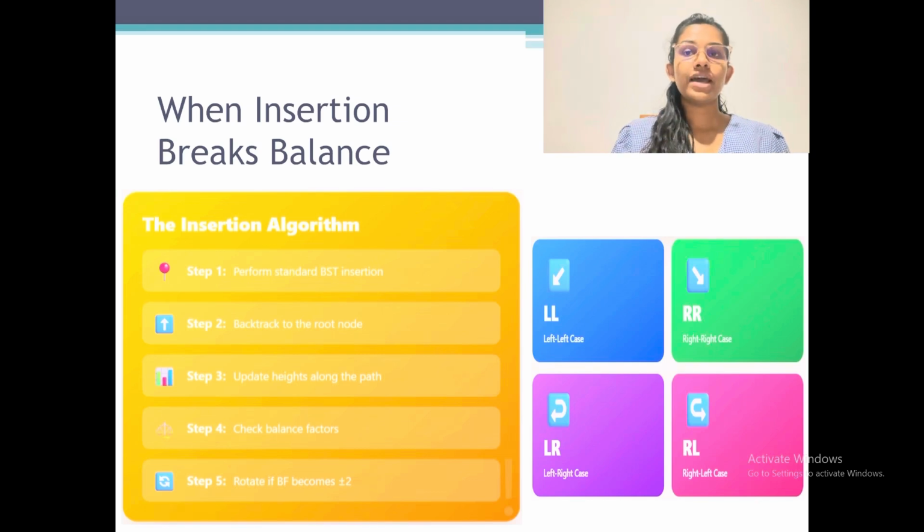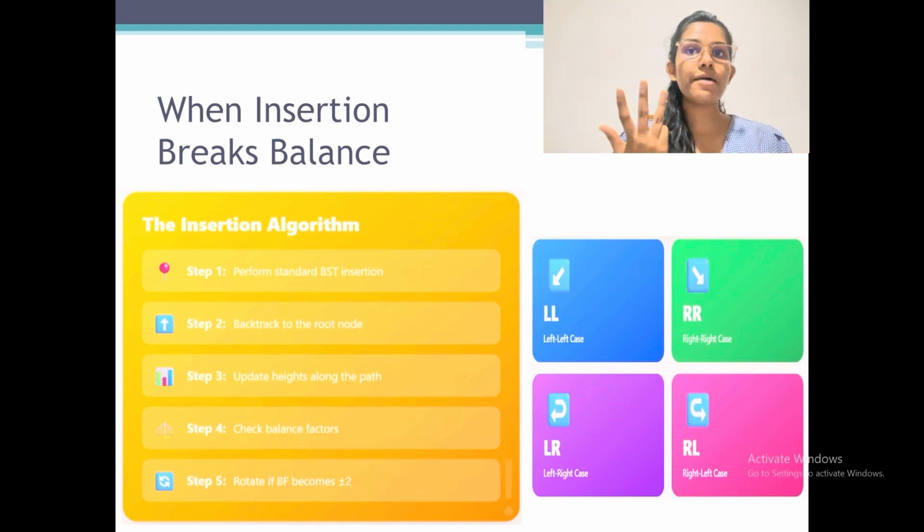Left-left case. The insertion happened in the left subtree of the left child. Right-right case. The insertion happened in the right subtree of the right child. Left-right case. The insertion happened in the right subtree of the left child. Right-left case.